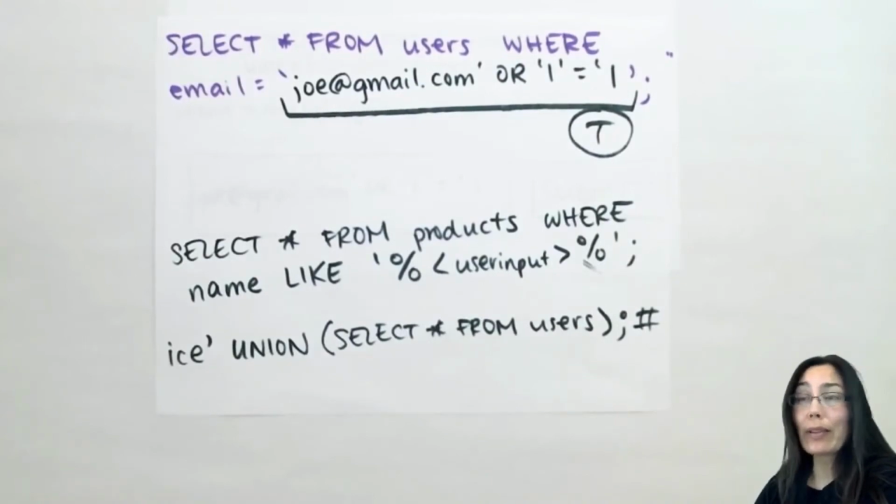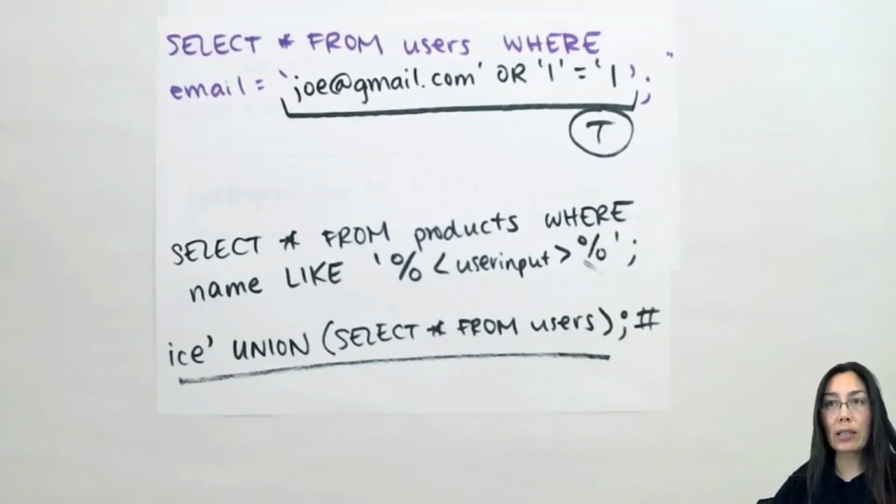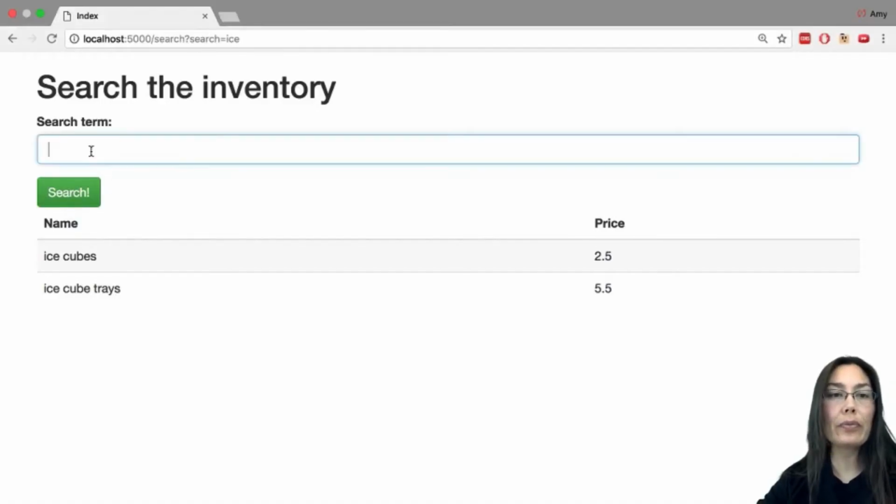So now I've just gotten rid of that. Let's just take this and plug it into our text field and see what happens. So I'm going to go back to my app, and I said that I would search for ice, and then union, select all from users, and then comment out anything that comes afterward.